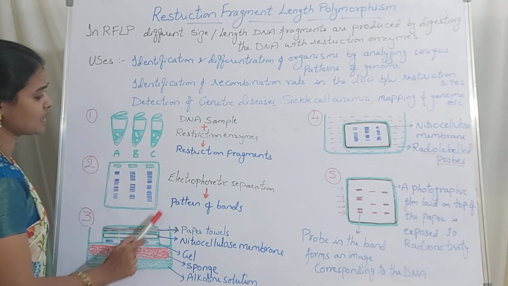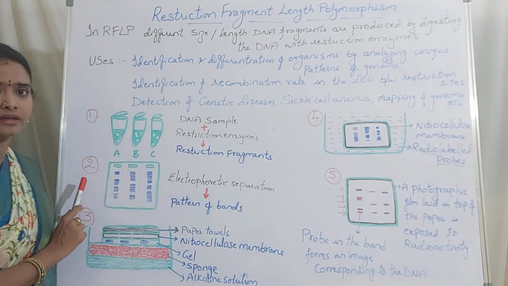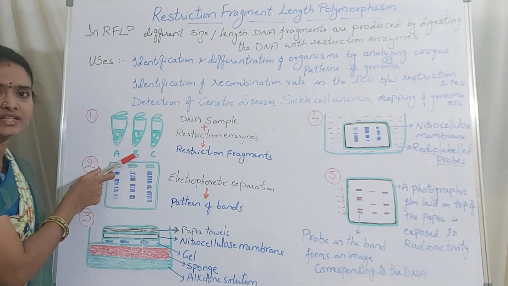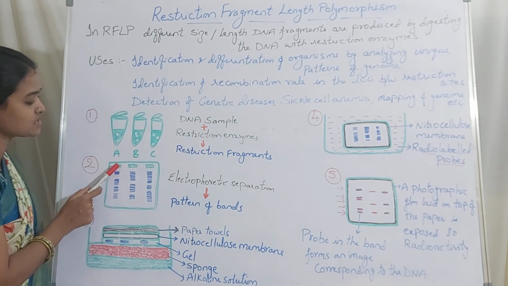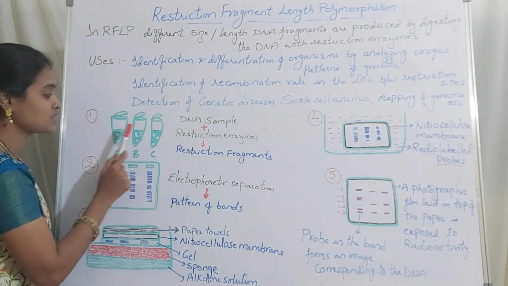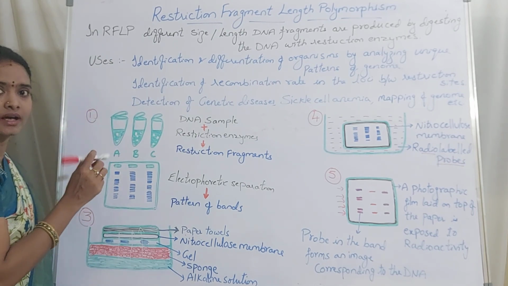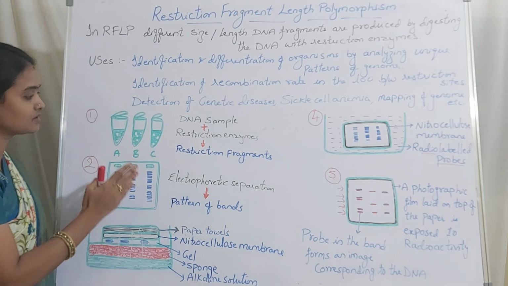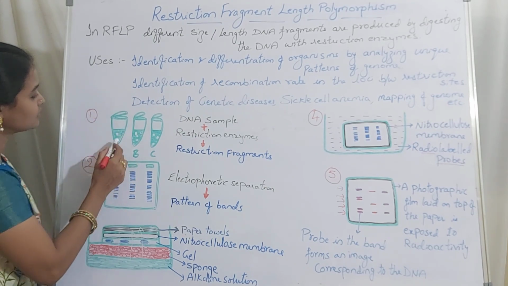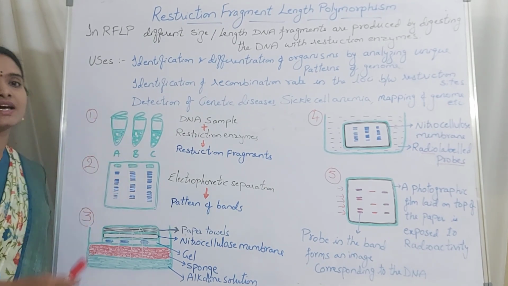Right? Once I set up this electrophoretic tank and undergo the electrophoretic separation of these fragments, I told the restriction enzymes have cut the DNA into several fragments, right? At each and every restriction site they have cut. So as a result, there is formation of different sized fragments.